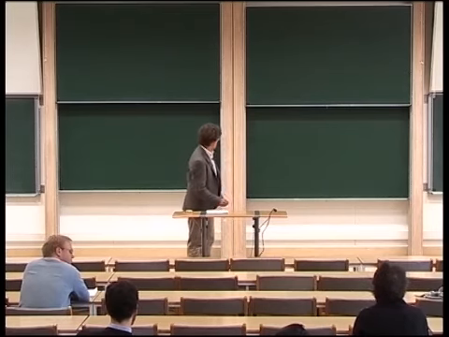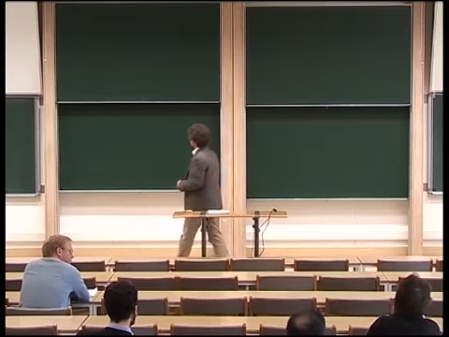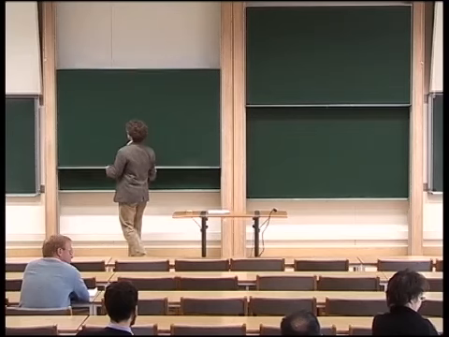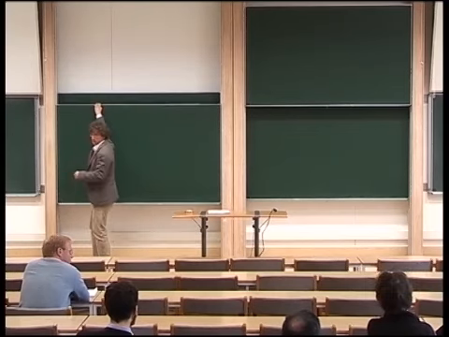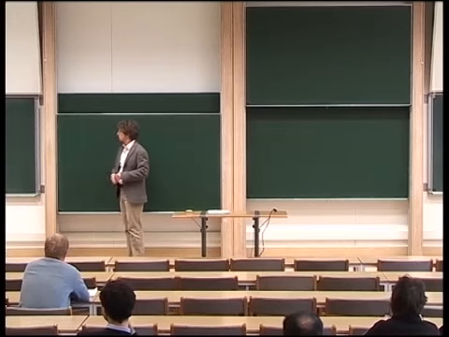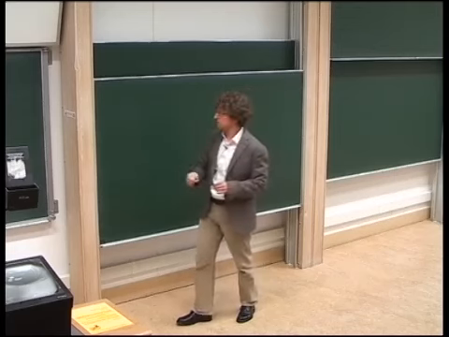To start with, let me remind you of one of Lusztig's conjectures. I will be talking about the conjecture on characters of simple modules of reductive groups in positive characteristic.